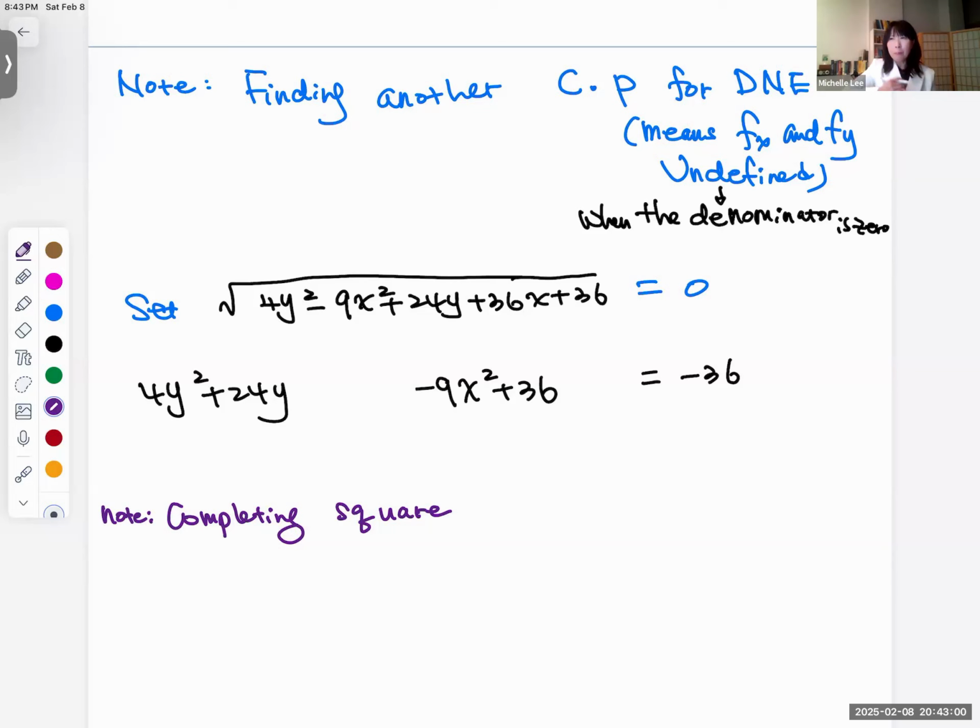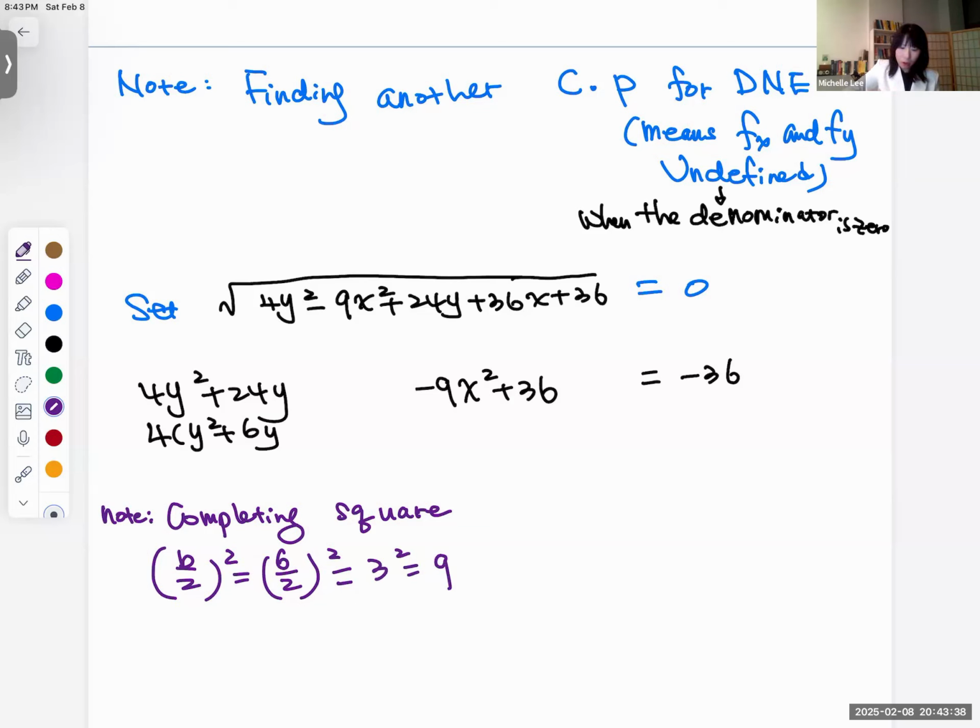So we have to have b over 2, right? So b over 2 squared. Okay. But then the number we can factor out. So let's do that. So we have 4y squared plus 6y. Then b will be 6 over 2 squared, right? Which is 3 squared, which is 9.